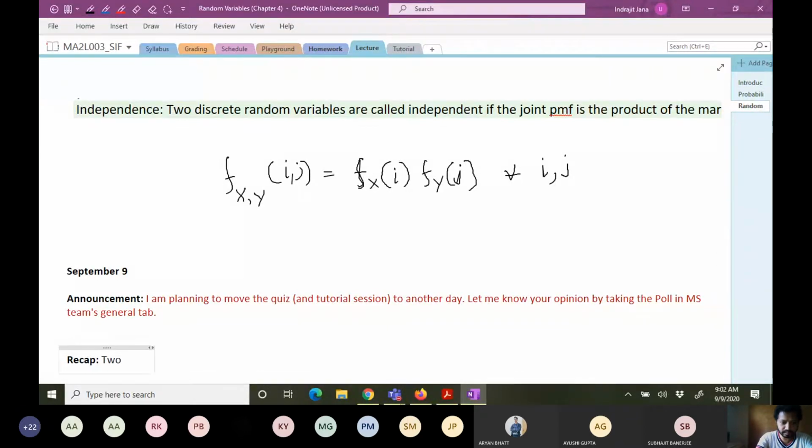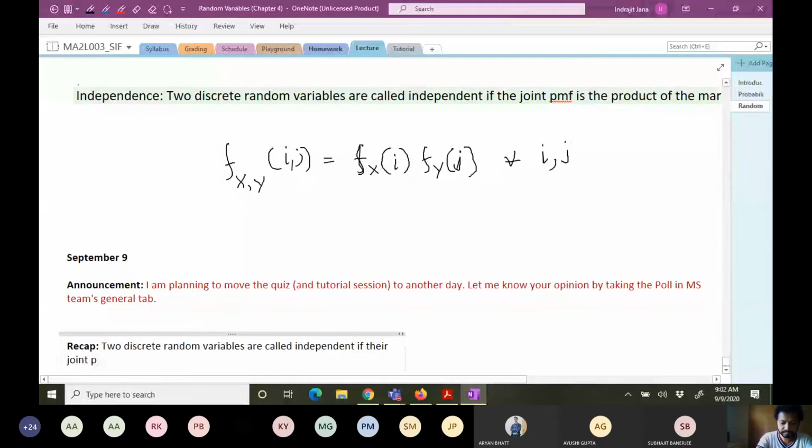Two discrete random variables are called independent if their joint PMF is the product of their marginal PMFs.